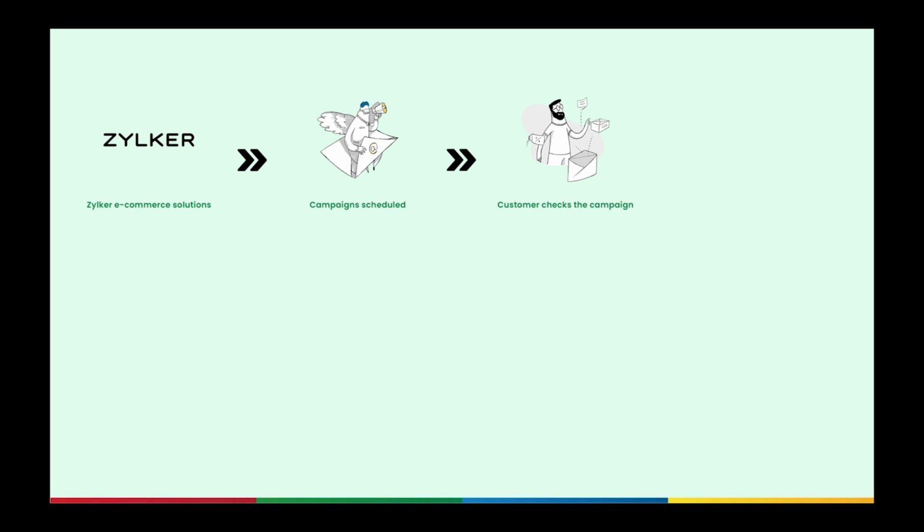Let's say Ferry, who runs a spice business, happened to notice it. She's looking for efficient ways to run her business online. Intrigued by the campaign, she signs up. The details get captured in Zilker's Zoho CRM. An automated email goes out with a link to sign up for a personalized demo to Ferry. She signs up for the demo.